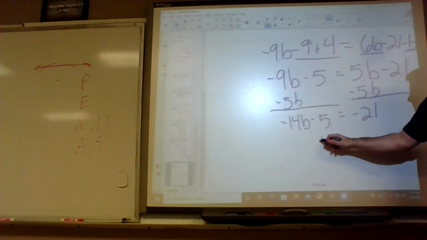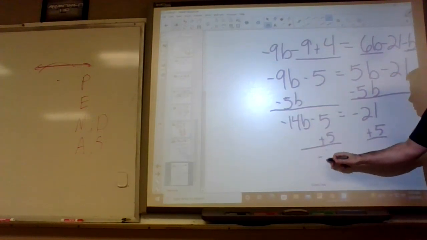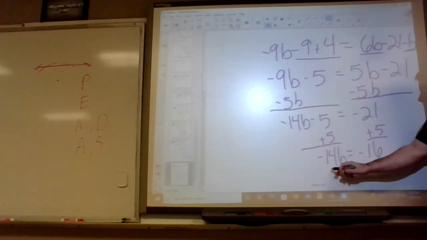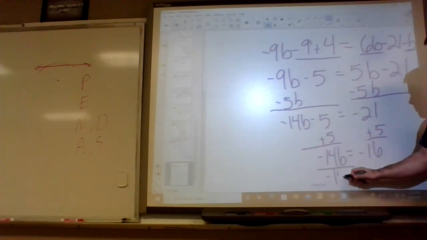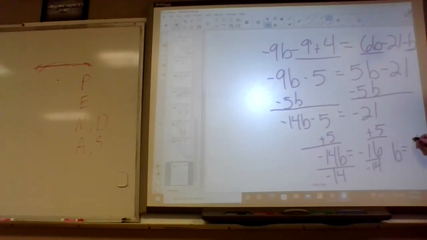Add 5 to that. Negative 14b equals negative 16. Then you divide by negative 14, and it's b equals 16/14ths. 16 divided by 14 doesn't work very well, but the fraction 16/14ths reduces, dividing by 2 on top and bottom, to 8/7.